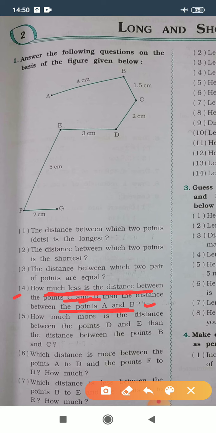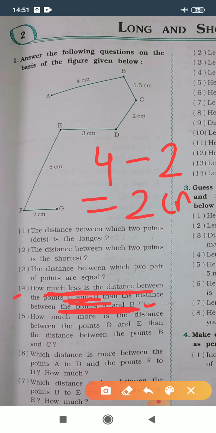The distance of A and B is 4 centimeter. The distance of C and D is 2 centimeter. So 4 minus 2 gives you 2 centimeter. So 2 centimeter less is the distance between these two points.